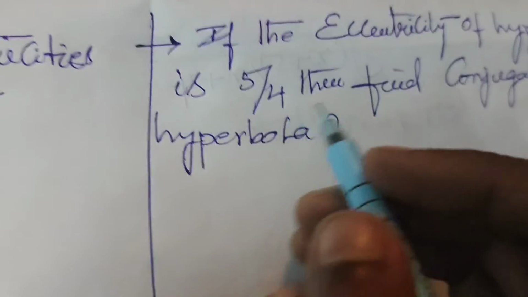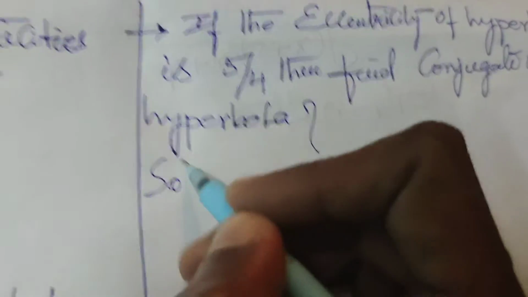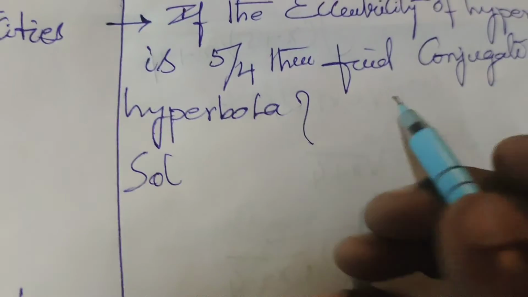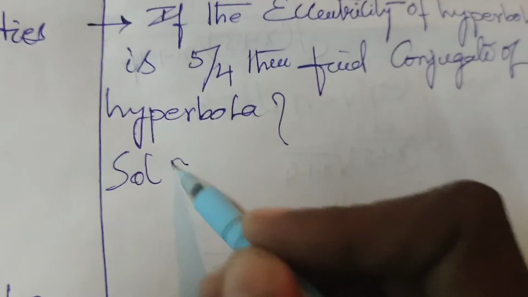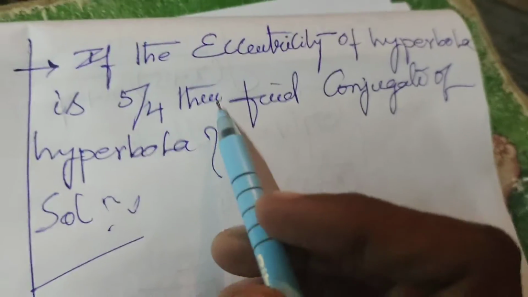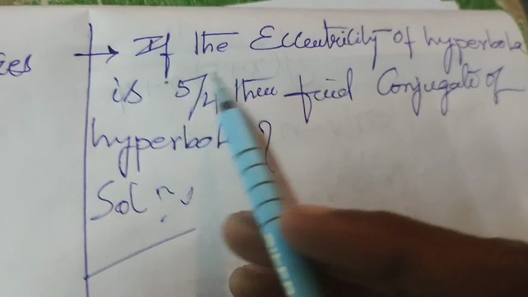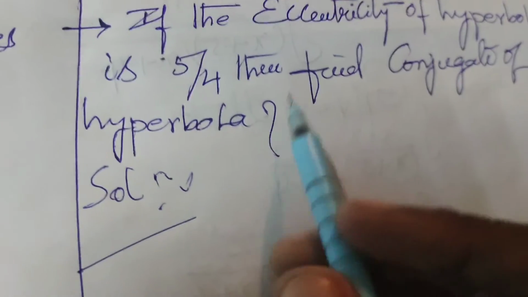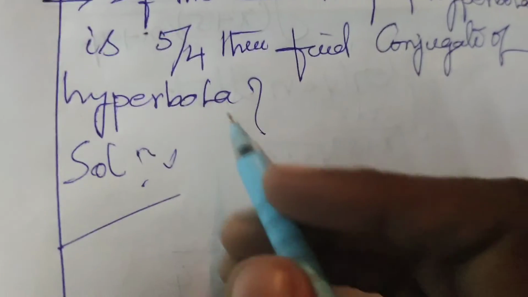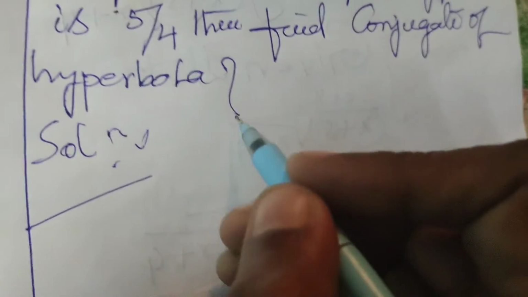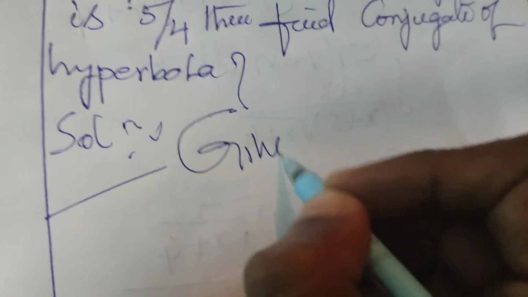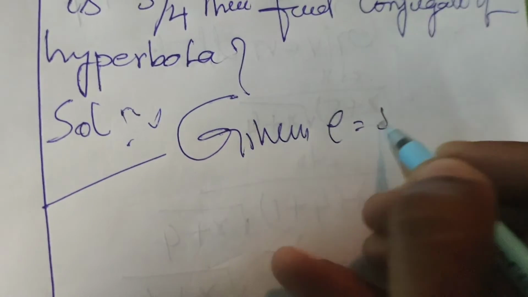Now we are going to solve this problem. This is also an example problem of the hyperbola. If the eccentricity of a hyperbola is 5 by 4, then find the eccentricity of the conjugate hyperbola. Given that e equals 5 by 4.